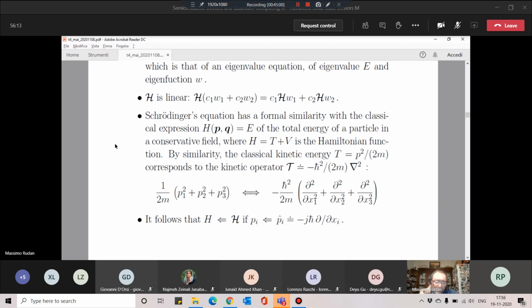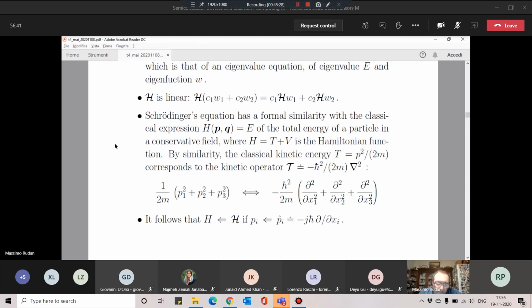So the formal correspondence between the classical Hamiltonian function and the Hamiltonian operator is to be seen in the kinetic part. And the kinetic part of the classical one transforms into the kinetic part of the quantum operator by this replacement.